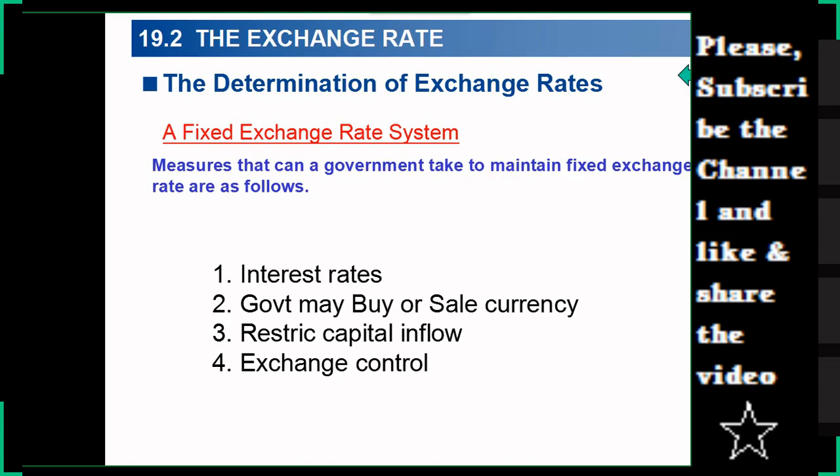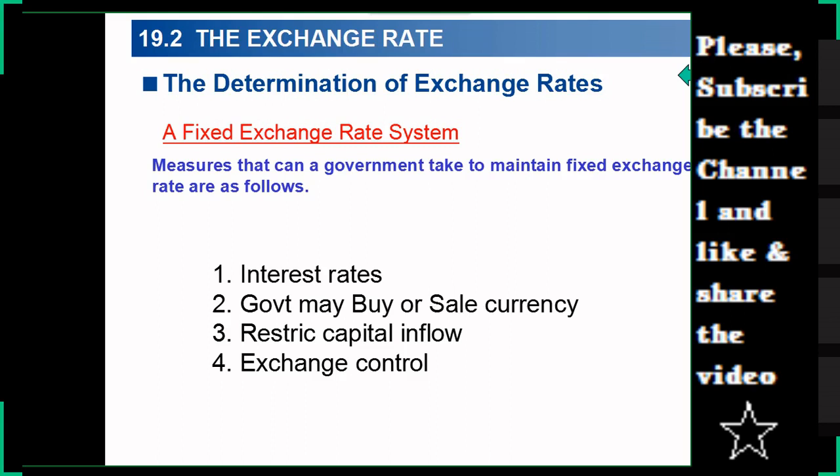Now that will be controlled by bringing out some regulation and controlling the foreign investors investing into that country. So this is like restricting capital inflow to that country so that the currency would not appreciate, so that the rate that government would like to have is maintained.